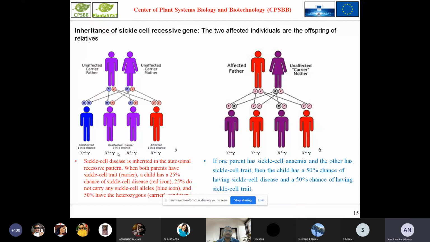There is another scenario on the right side. If you see the affected father and unaffected carrier mother, then there is a chance that 50% of the children will have the sickle cell disease, and 50% of the children will carry the trait but will not have the sickle cell disease.